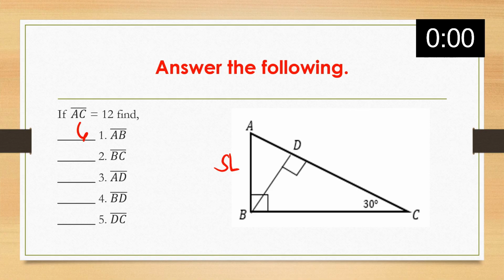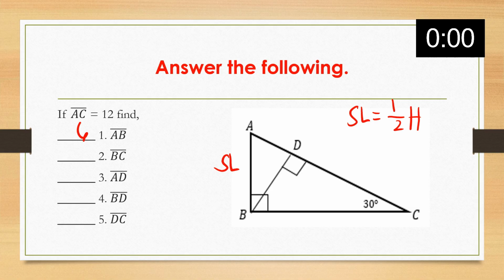To get the length of the shorter leg, it is equal to 1/2 of the hypotenuse. Since the hypotenuse is 12, which is line segment AC, then half of 12 is 6. Therefore, line segment AB is equal to 6. Did you get it? Very good.